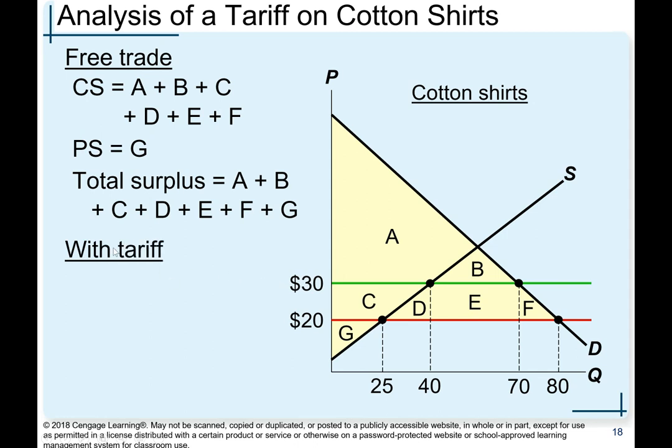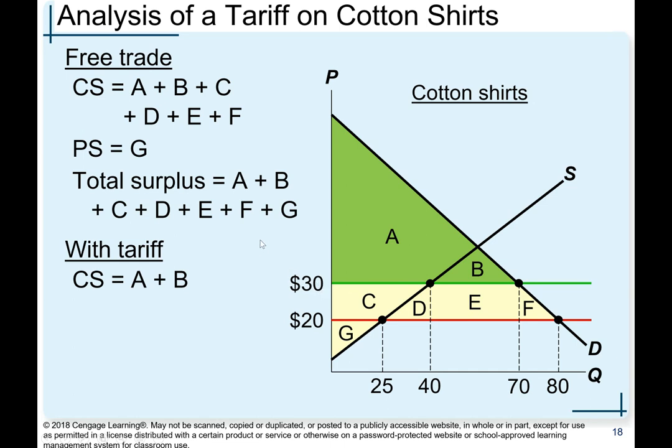With tariff, now let's say these producers gang together and ask the government to protect them, and the government agrees and imposes a tariff of $10. Now, consumers will lose because the price of a shirt will go up from 20 to 30.